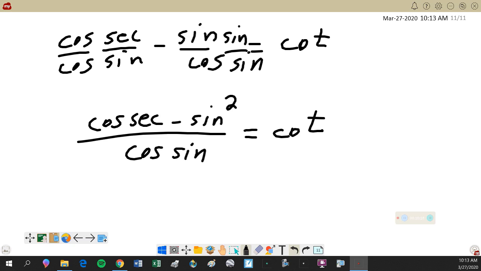That's equal to the cotangent. Do I want to go further, or do I want to let you figure that out? Oh. Yep. Yeah, that's actually pretty easy. Yep, look at this.